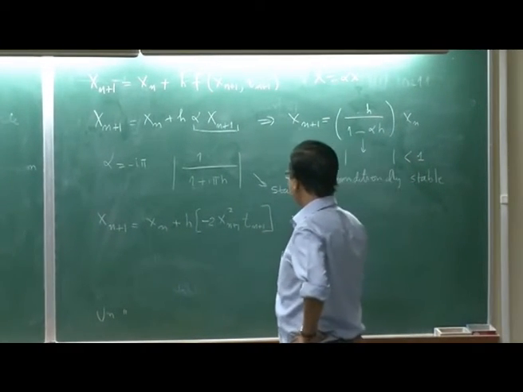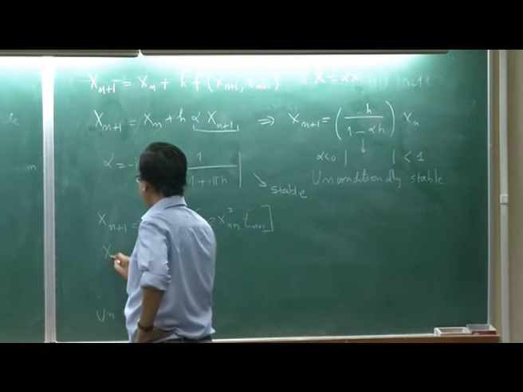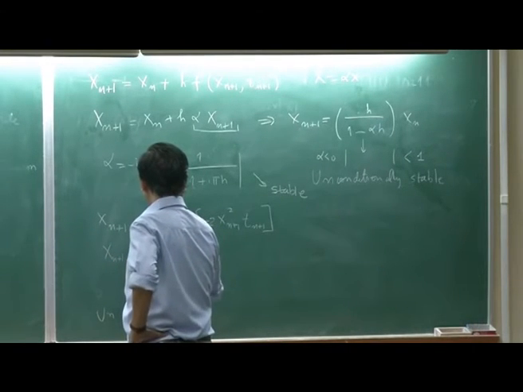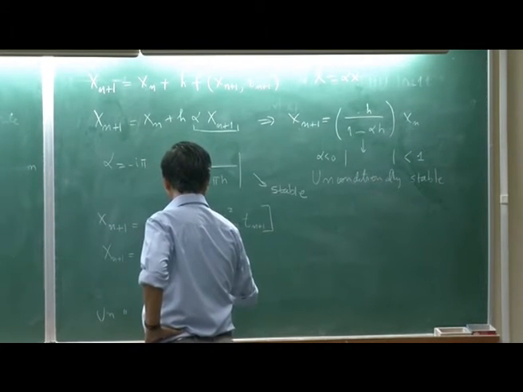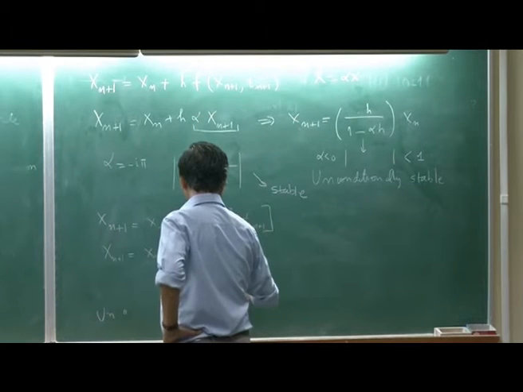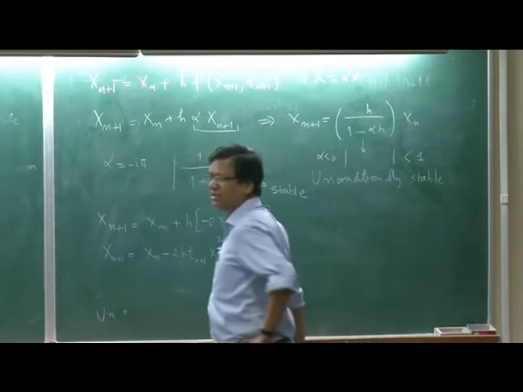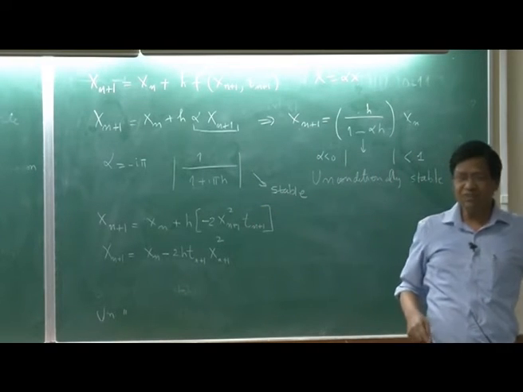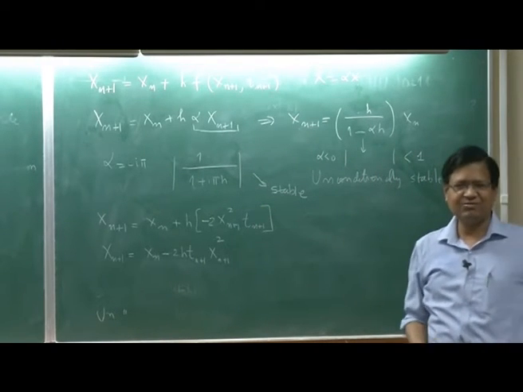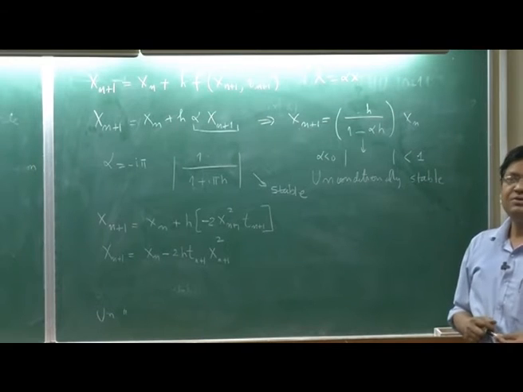So this becomes xn plus 1 equal to xn minus 2h Tn plus 1 xn plus 1 squared. Now, is it possible to solve like this? This is Euler backward. How do I solve it?